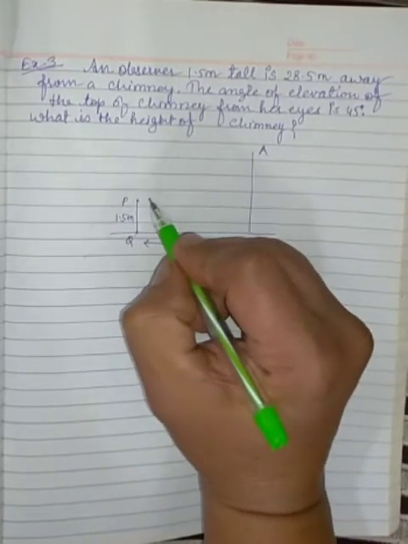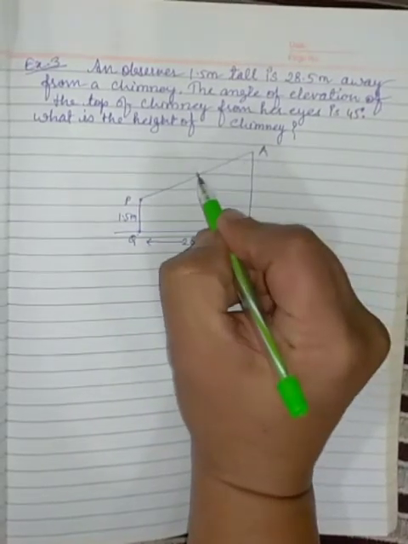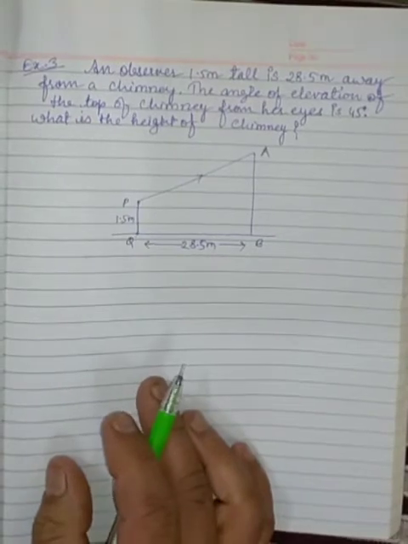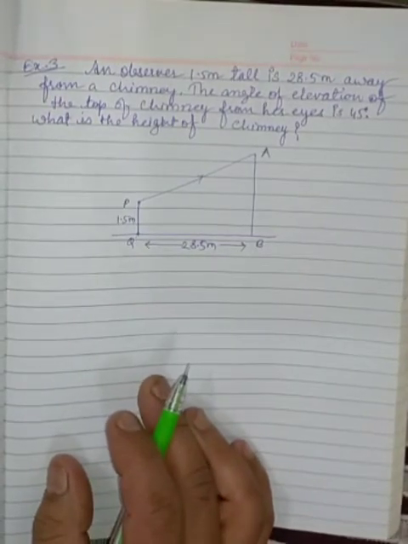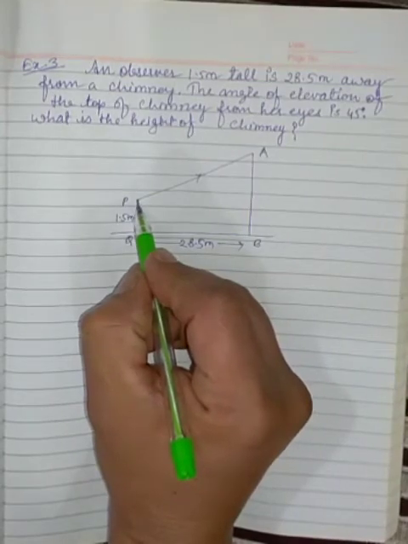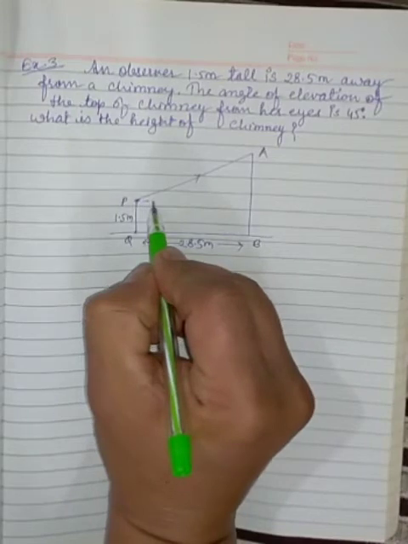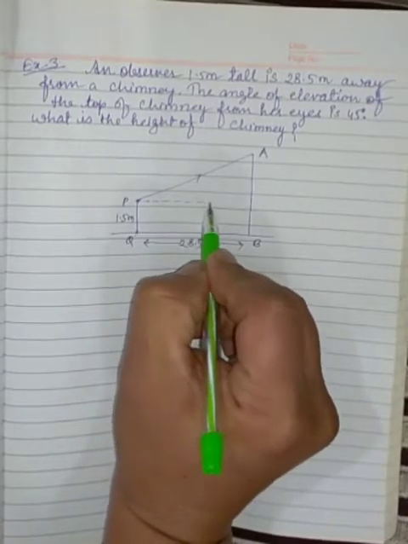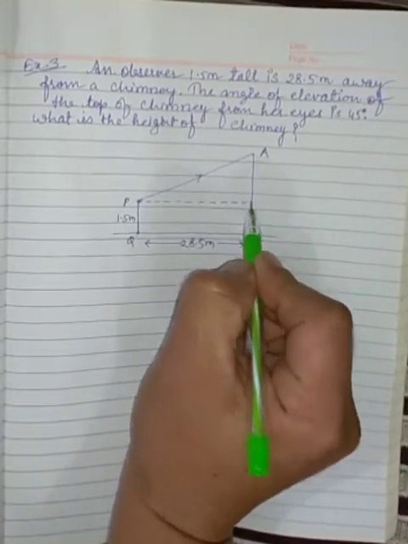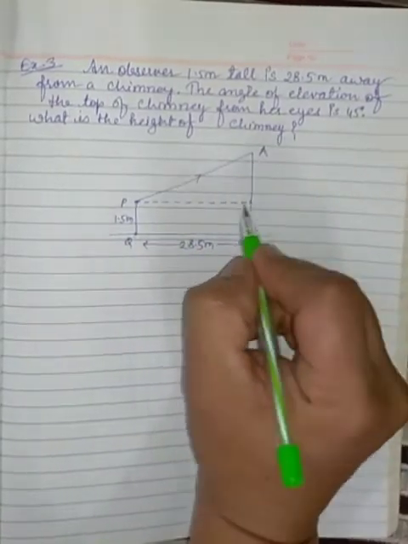So from here, point P, this will be the line of sight which will make the angle. But to draw the angle from the point P, we will have to draw a parallel to the ground. So a parallel line should be drawn from the height of the observer that should be parallel to the ground.